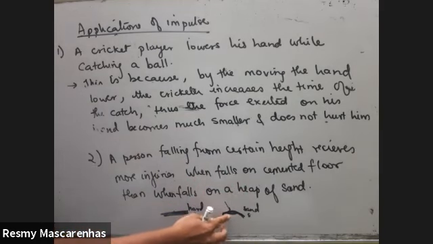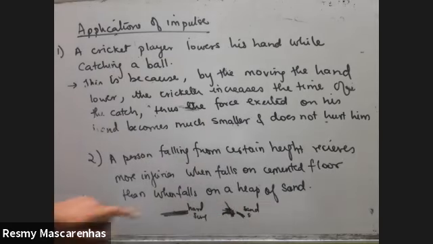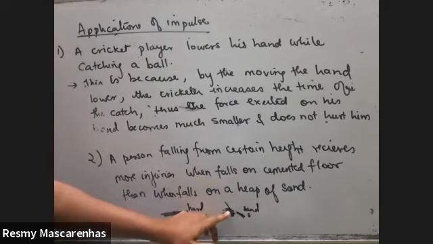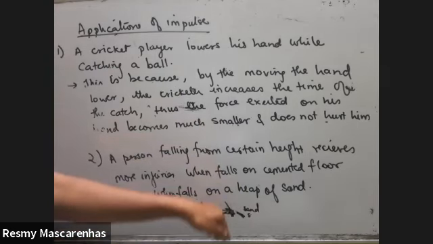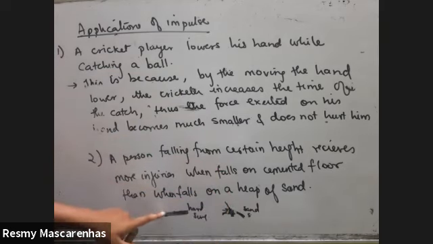There's a movement of the sand. So for a small fraction of a second, he will not stop here, he will go a little inside the sand. So the time in which he stops after falling will increase because he's going a little deeper in the sand.